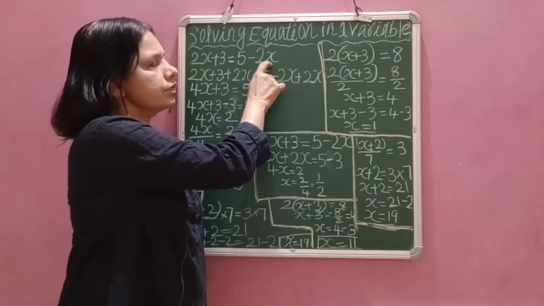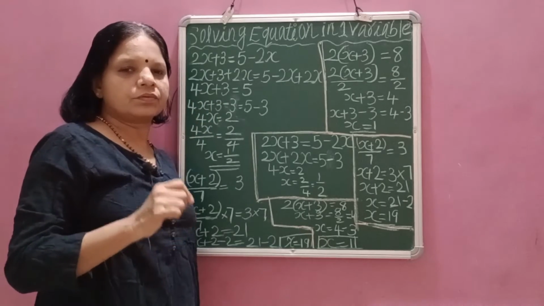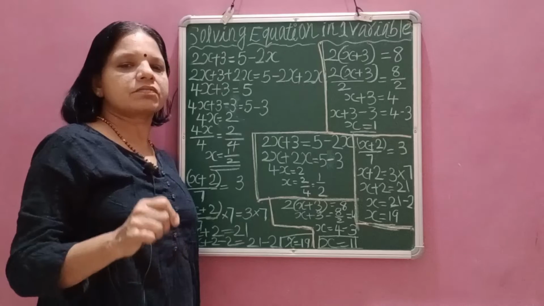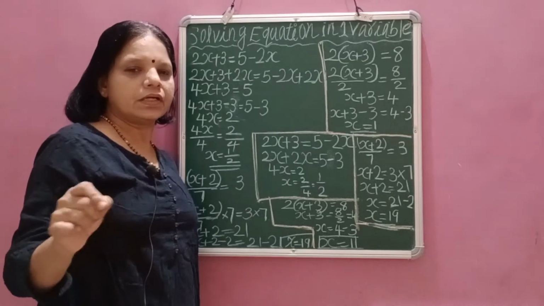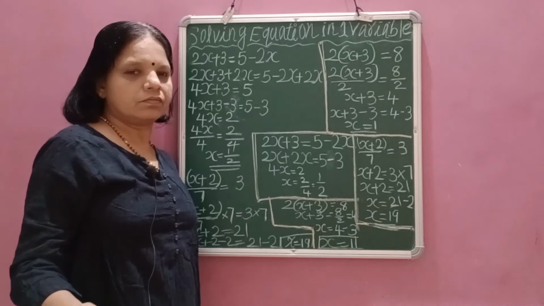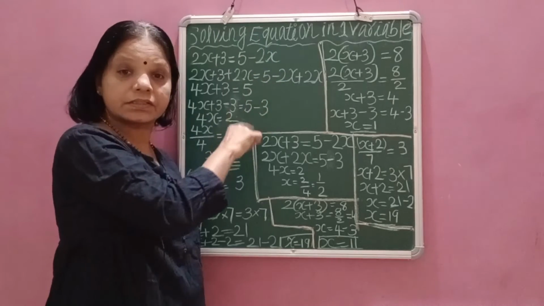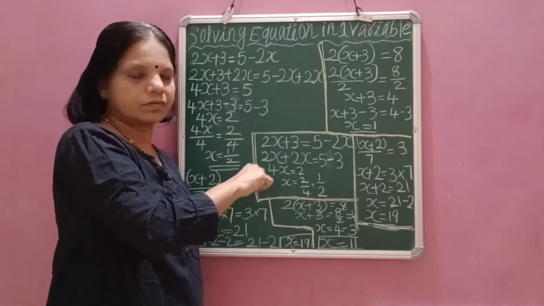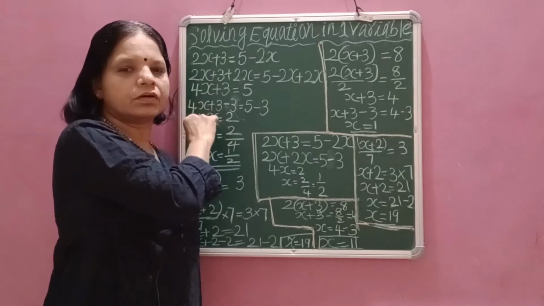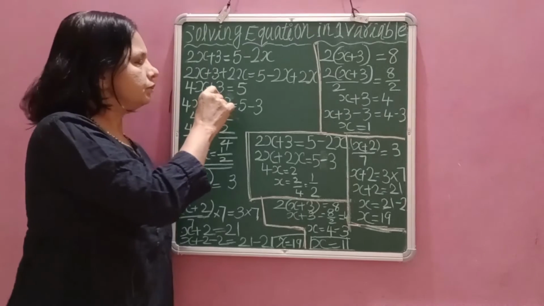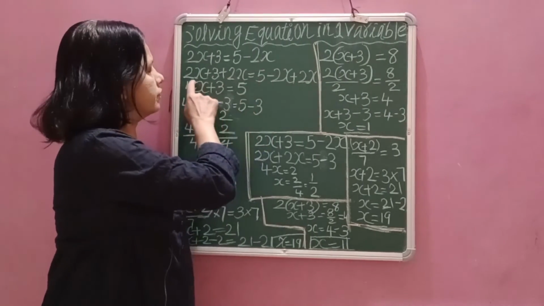So minus 2x is cancelled by plus 2x. So you have to add 2x on both the sides of the equation. Clear? We have to cancel the variable without changing the value of the equation. So whenever you add plus 2x in RHS, in LHS also you have to add. So adding 2x to both the sides. That is the second step.